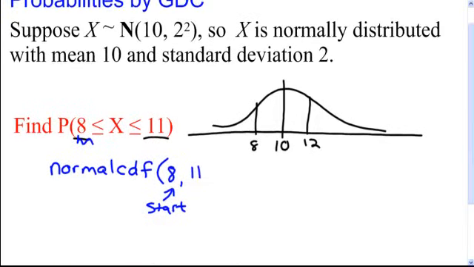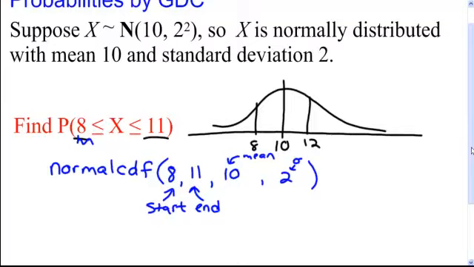My end number, 11, comma, the mean, comma, standard deviation. That's how we're going to plug it into our calculator, and it is going to give me the probability of x being greater than or equal to 8 but less than or equal to 11.